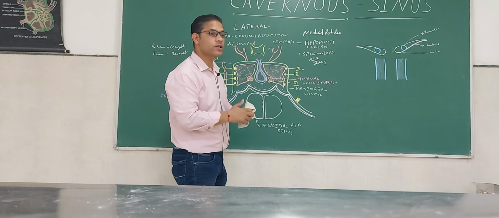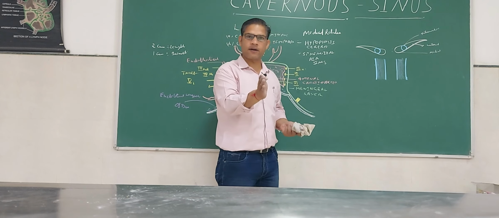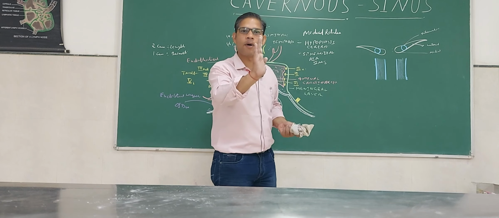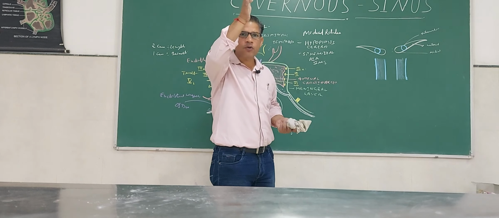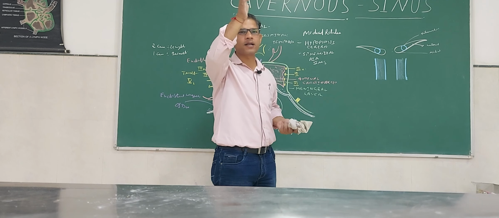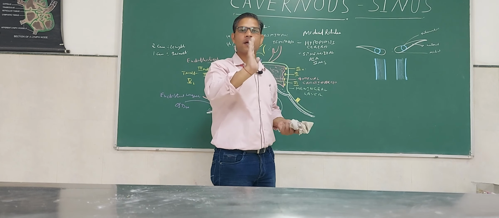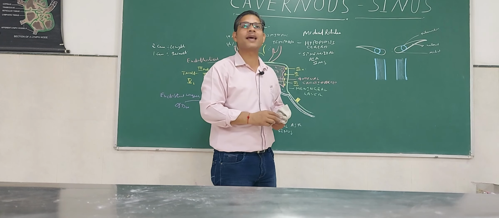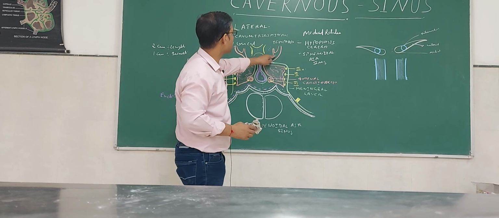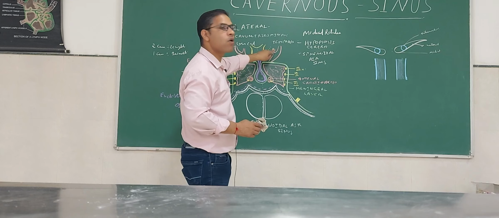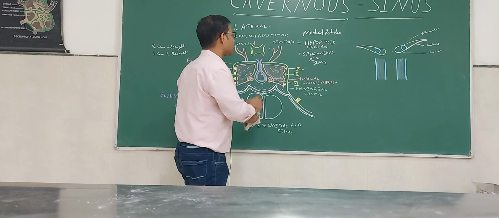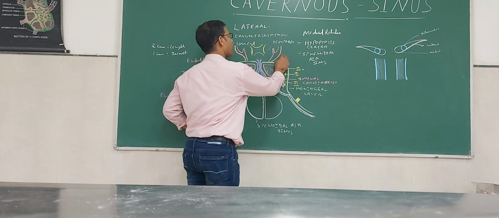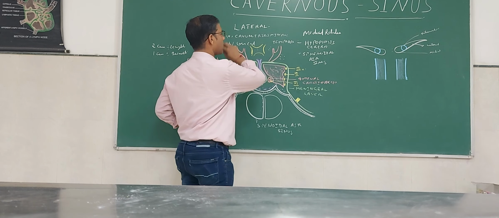The internal carotid artery, which was running in the medial wall of the cavernous sinus, takes a turn above, reappearing at the roof of this one and continuing in the brain. This upturning is known as the carotid siphon. So this is the internal carotid artery, which again goes to the roof of the cavernous sinus with the optic chiasma, and an additional thing is the anterior perforating substance.